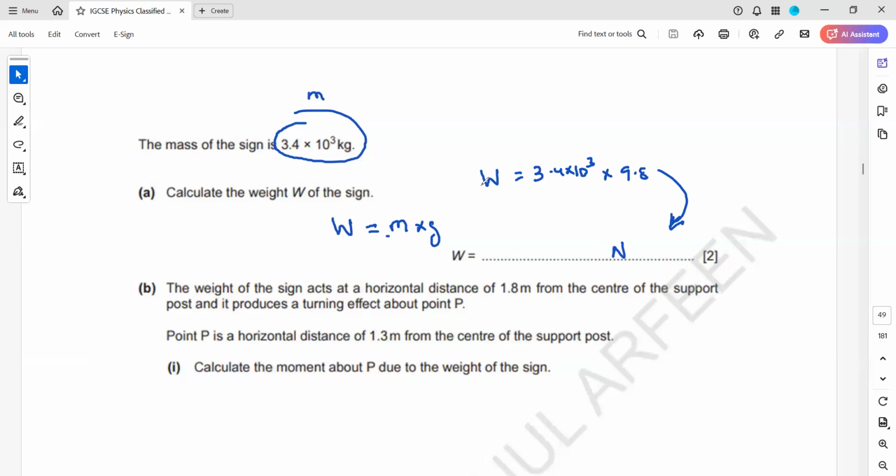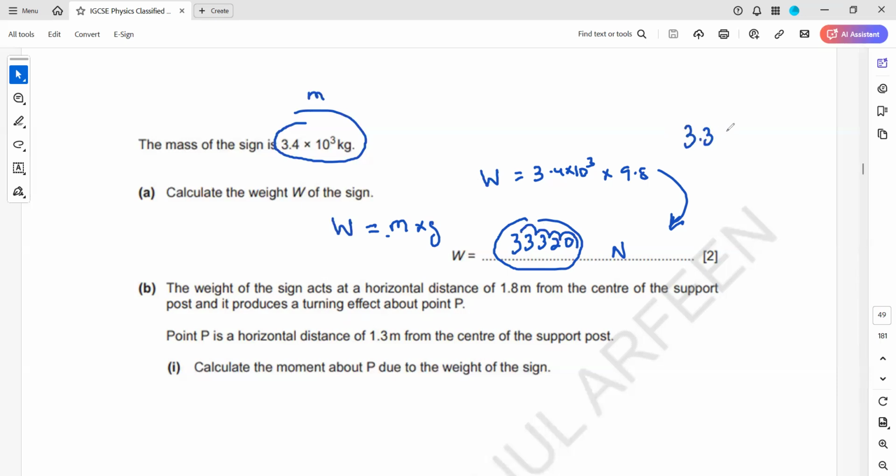3.4 exponent 3 means 3,400 times 9.8. That is 33,320 newtons. But when we write the answer, we should always represent 2 to 3 significant figures. So I can also write this as 3.3 exponent 4, because the point is here, 1, 2, 3, 4.